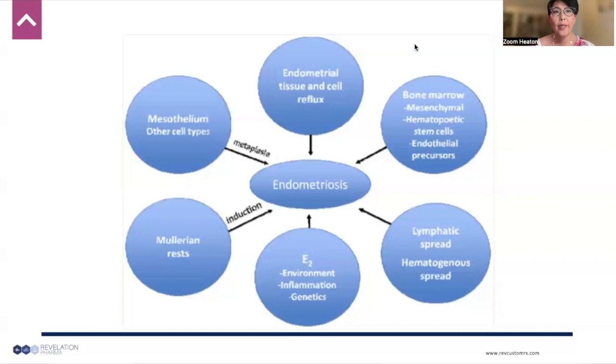Common to all theories is that estrogen is required for the endometriotic lesions to grow and expand. And that is why endometriosis is hardly ever seen in young girls before they start menstruating, and no lesions are seen in women who have reached menopause.